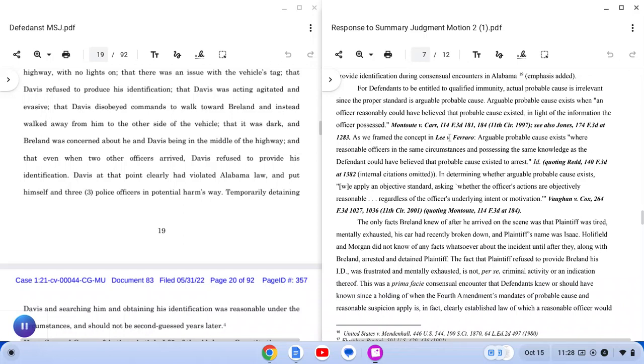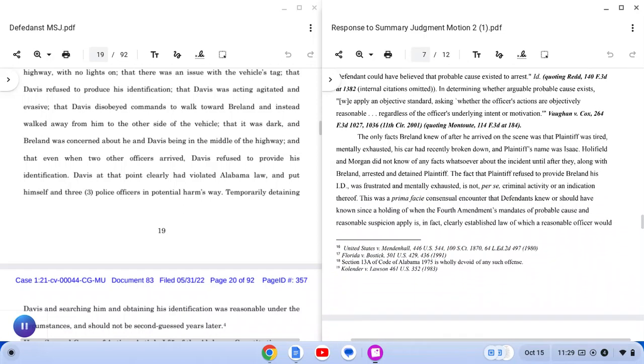As we framed in Lee v. Ferraro, arguable probable cause exists where reasonable officers in the same circumstances and possessing the same knowledge as the defendant could have believed that probable cause existed to arrest. In determining whether arguable probable cause exists, we apply an objective standard, asking whether the officer's actions are objectively reasonable, regardless of the officer's underlying intent or motivation.